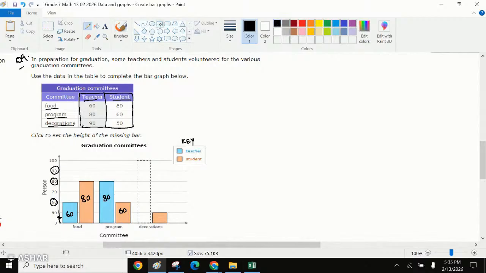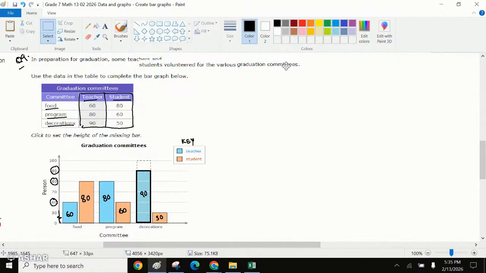That means 90 teachers volunteered for this, and there were 50 students. So as per the given information, we can say that the bar graph is completed.